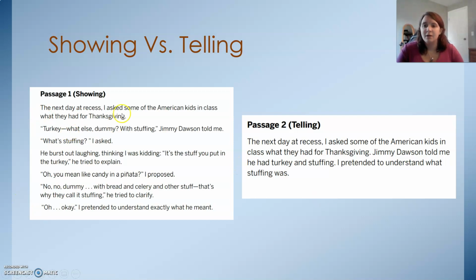And you can see that because Jimmy and the main character are going back and forth talking about what stuffing is and things like that. So this one provides a lot more detail and more images to help us understand a story better than this one, because this one's very basic. When we talk about turkey and stuffing, okay, well, what's in stuffing? This one tells us what's in it, so it gives us a little bit more visual.